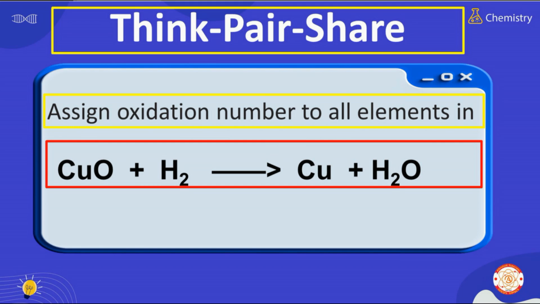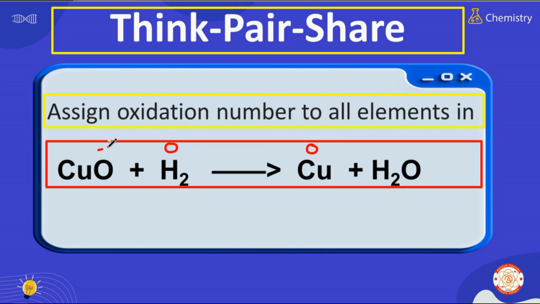Alright, second example. So I'm going to start from here. What is the oxidation state of elemental hydrogen? It is 0. What about copper? Similarly, it is 0 because it is in a free state. Alright, so what is the oxidation state of oxygen?